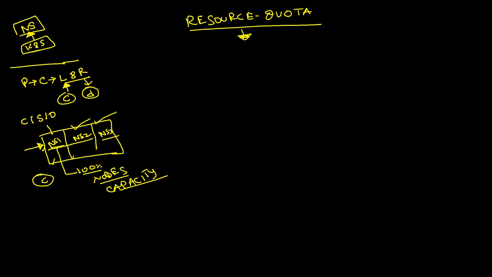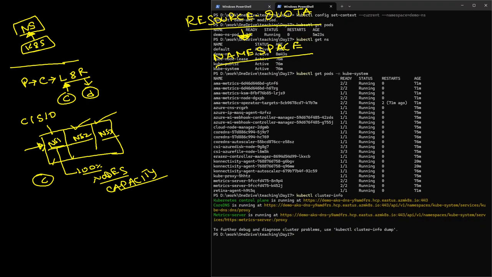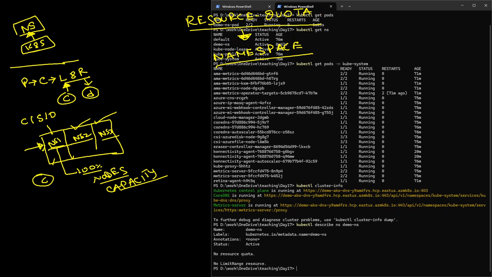To limit the namespace utilization, we need to use what? Resource quota. Resource quota is implemented at namespace level. That's why, if you noticed, when we initiated this command called kubectl describe ns demo-ns, see, it is clearly showing no resource quota, no limit range.